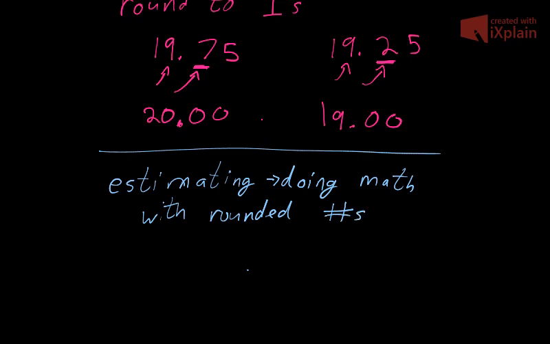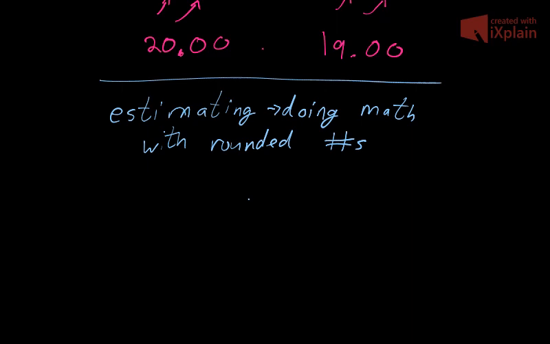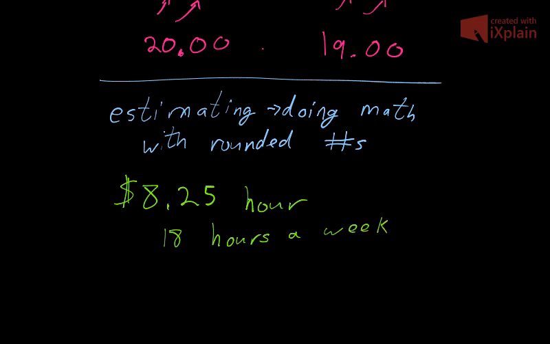So a long time ago, I used to work at a Five Guys, and I made an astounding $8.25 an hour. And I worked, it was a really weird job, I worked 18 hours a week. So I want to know, how much did I make in a week?